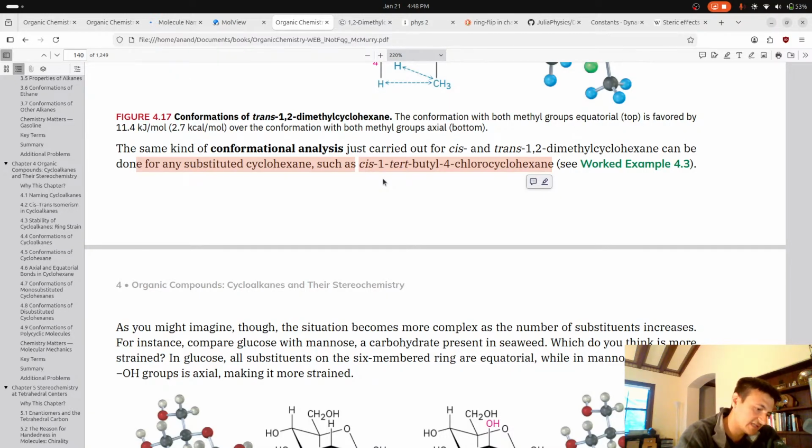If they're axial and they're trans, then this one's pointing straight down, because this one goes down, then this one goes up, then that one goes down. So this is going to be just chlorine. I have an H here, and we have an H here.